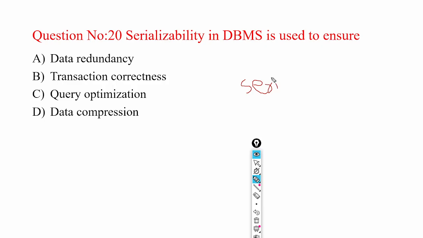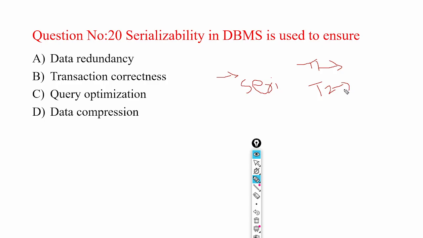So those problems we avoid using which concept? Serializability. First understand what a serial execution is. One transaction completes fully before another transaction starts. If transaction T1 is complete, then only we will go to transaction T2, one after another.